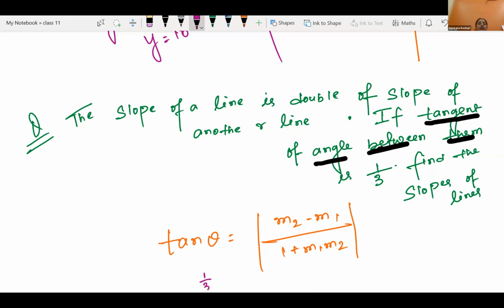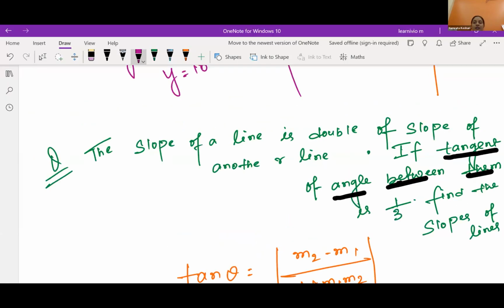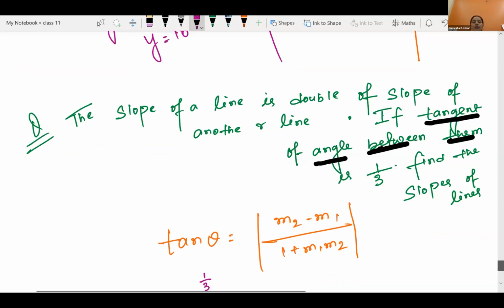Yes or no? Recall in class 10, you learned the full form of tan theta was tangent of theta, right? Yes, ma'am. Okay. So this time the angle is not given, directly tan theta is given as 1 by 3.